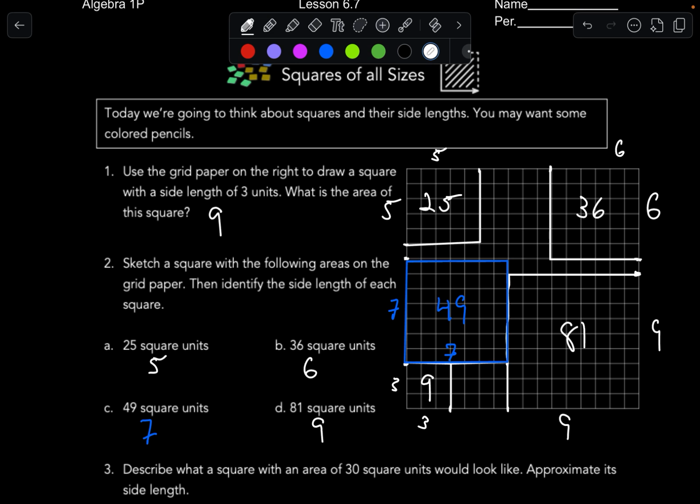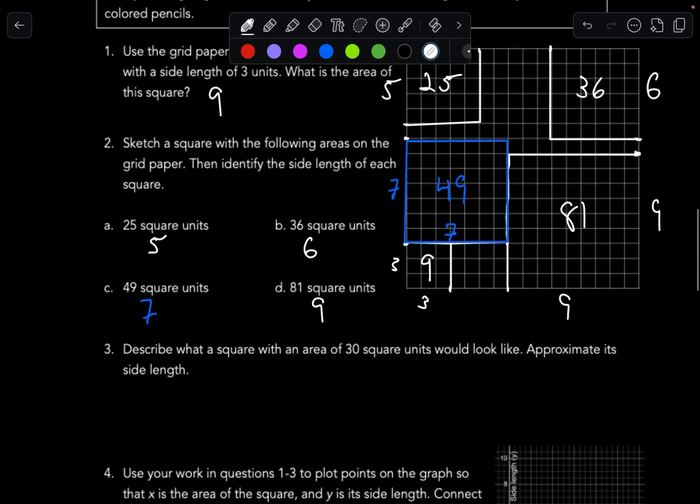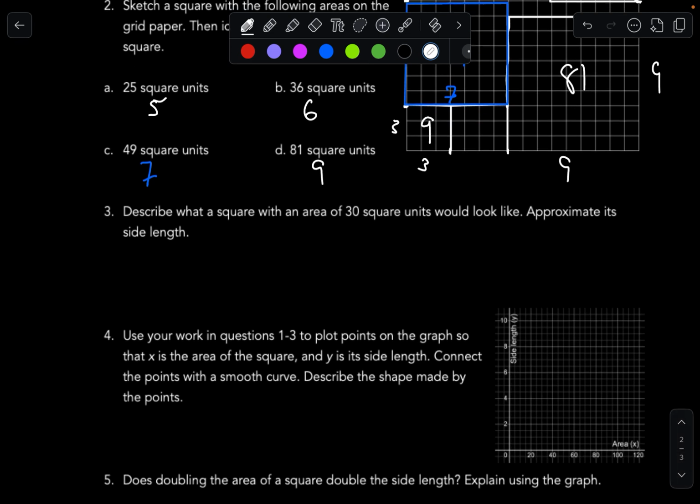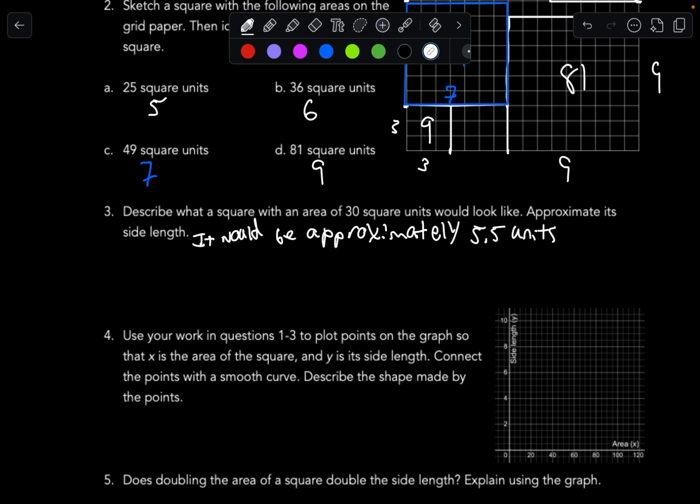Now describe what a square with an area of 30 square units would look like. It would be approximately 5.5 units for the side length.